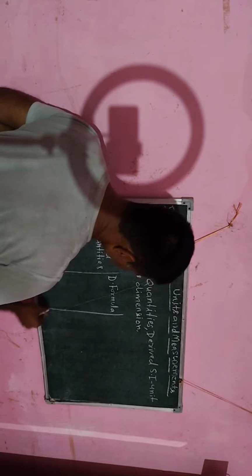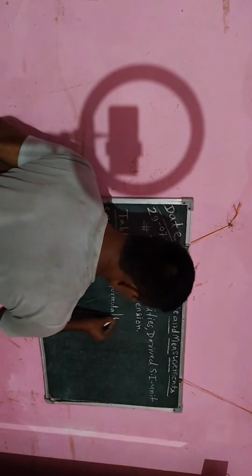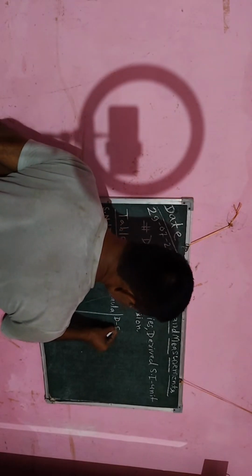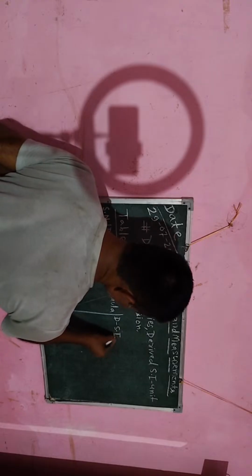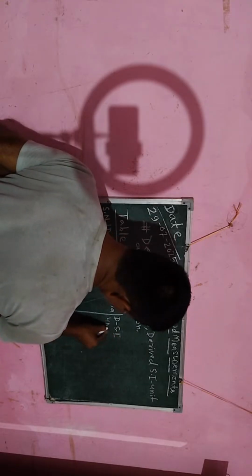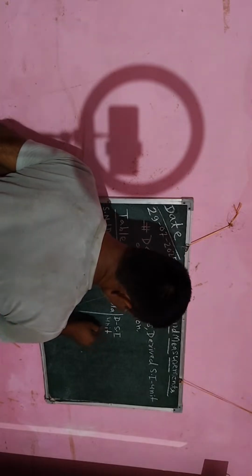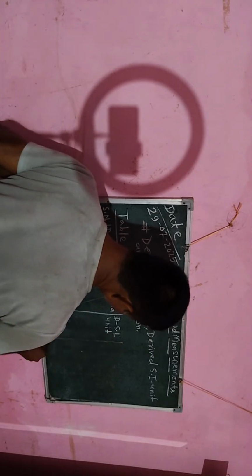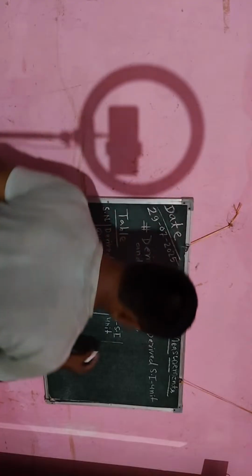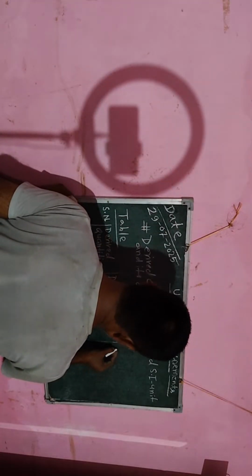I will make a column for the derived formula, and then I will write here the derived SI units. Derived SI unit I will put there, and then here I will write its symbol.